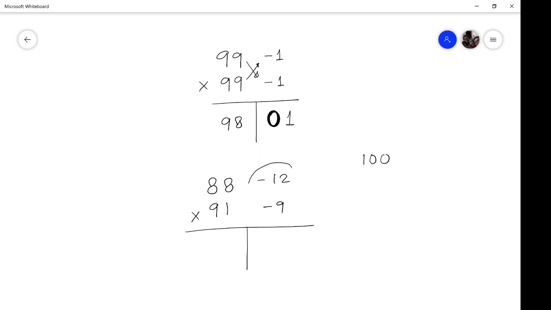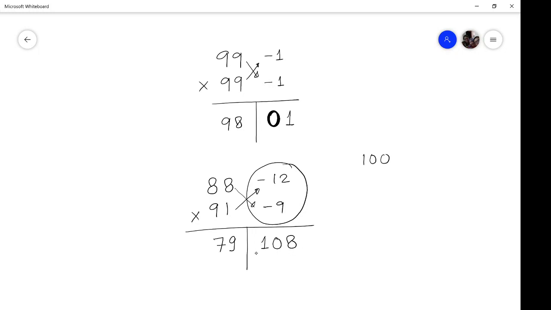Now you multiply these two. 12 into 9, that is 12 9s are 108. Then if you cross add any one, you will be getting 79.